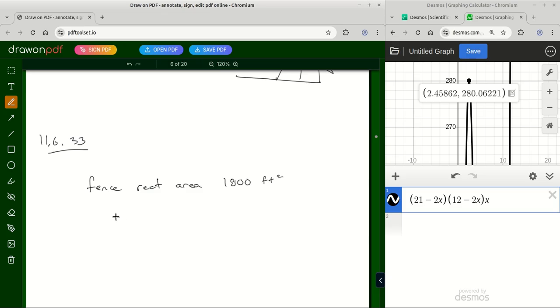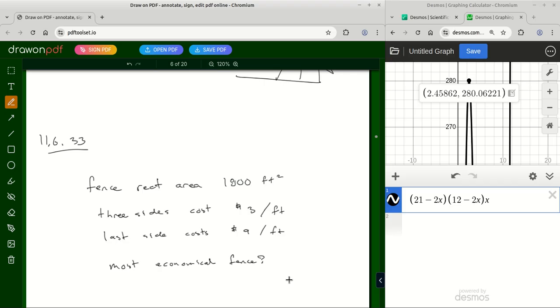And it says 3 sides cost $3 per foot. The last side costs $9 per foot. Okay. So what's the most economical fence?